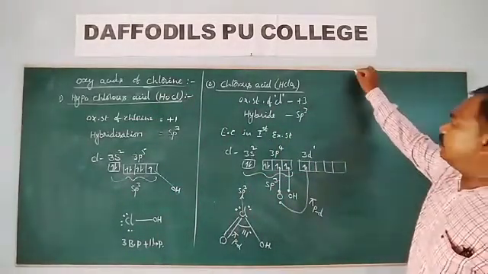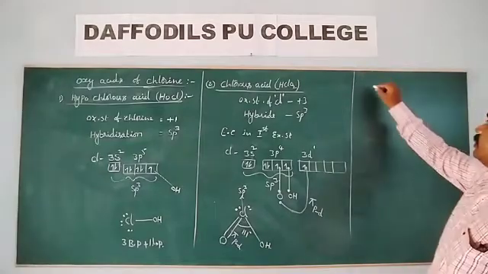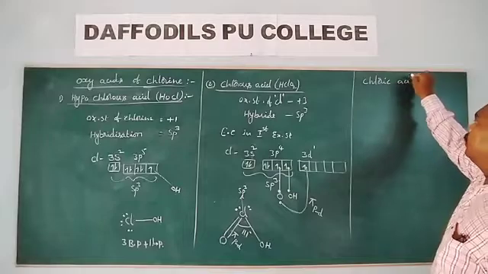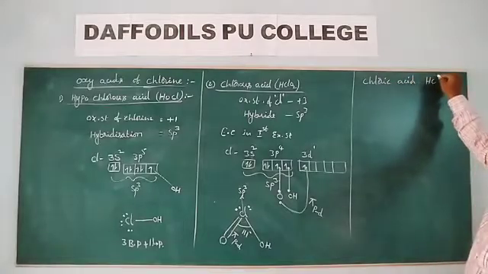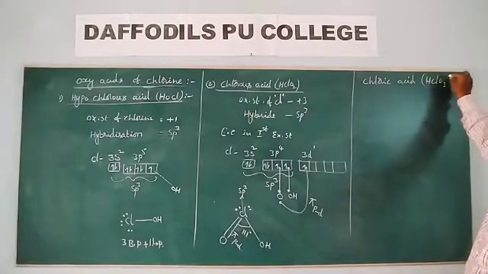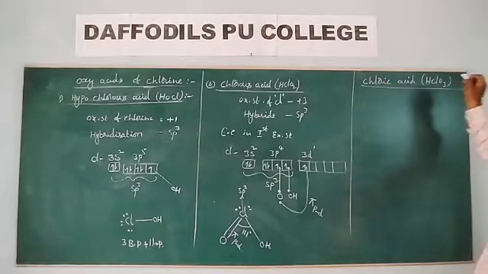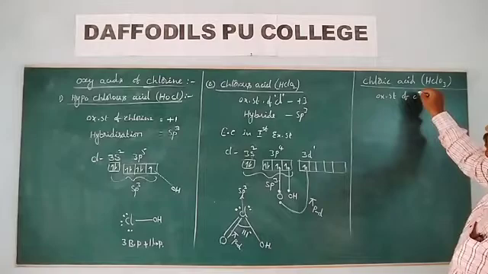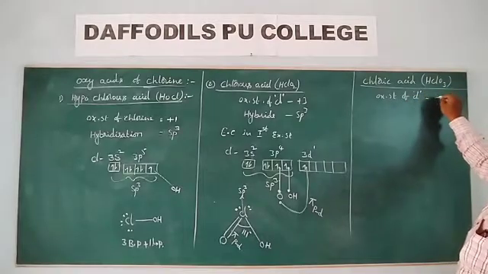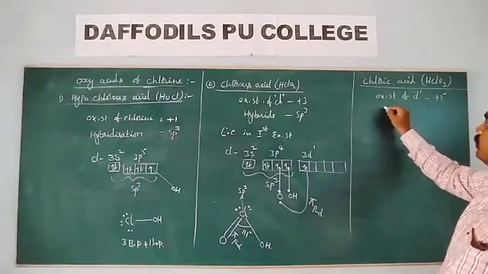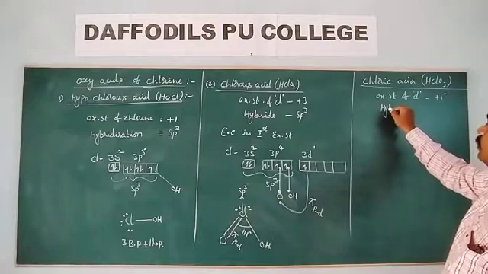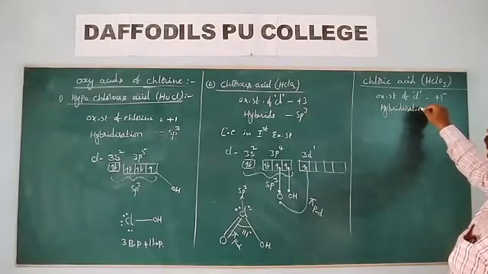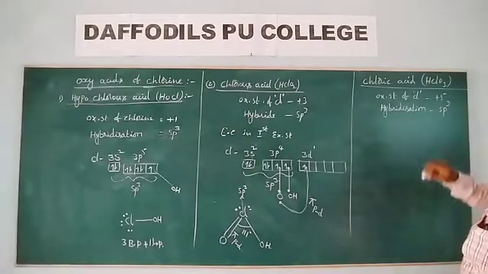Now come to chloric acid. Its formula is HClO3. The oxidation state of chlorine is +5. Hybridization: sp3 hybridization.